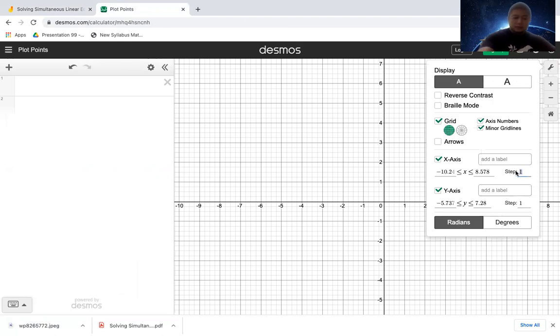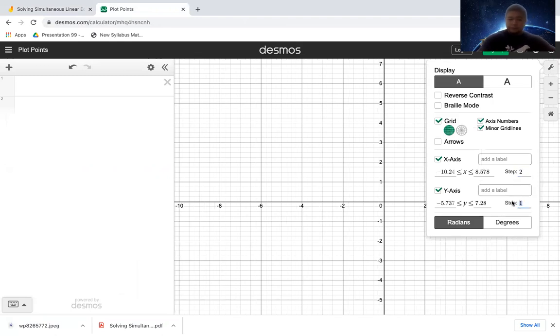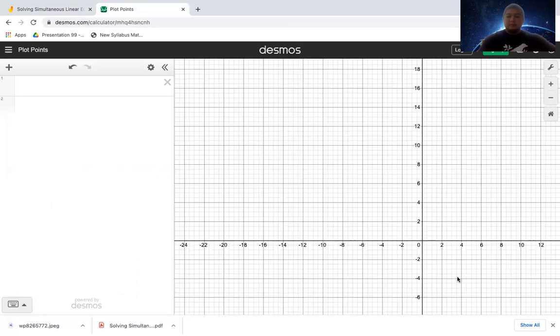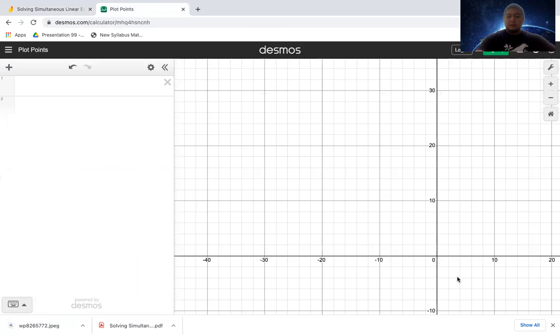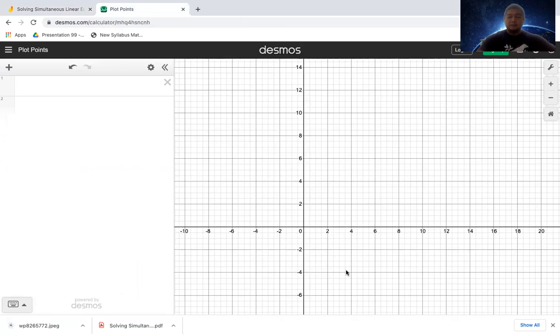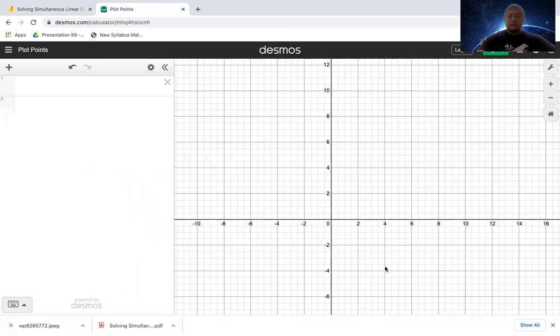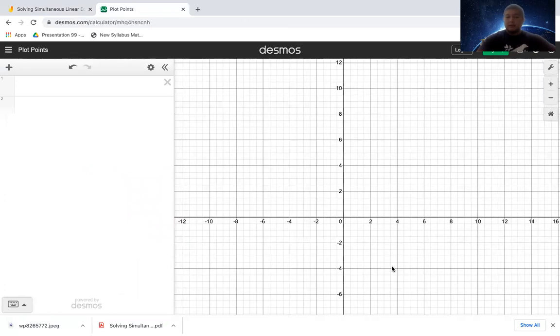So what you need to do is you have to make sure that the scale is going to be particular with this scaling value. So that means 1 centimeter is equivalent to 2 units for the x, and 1 centimeter is equivalent now to 2 units of the y.